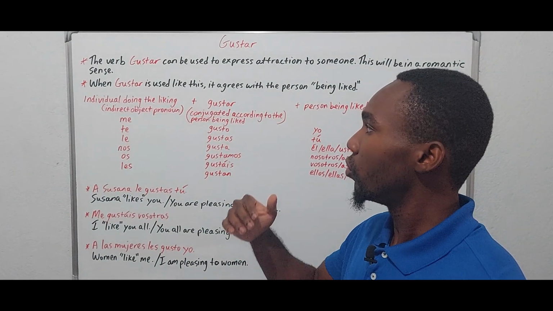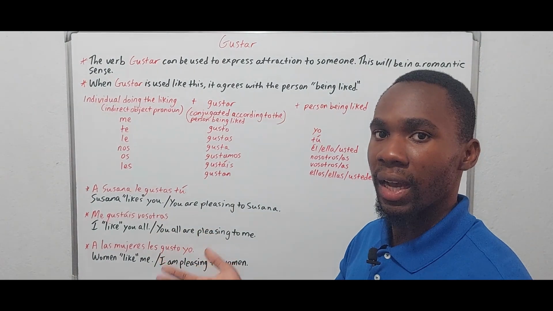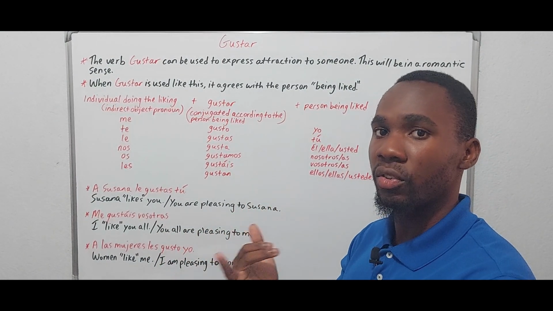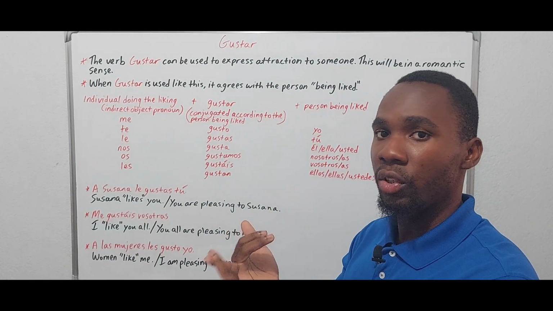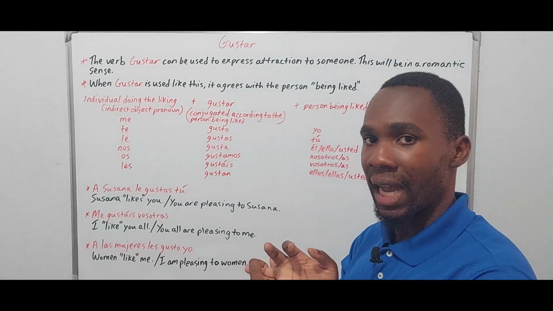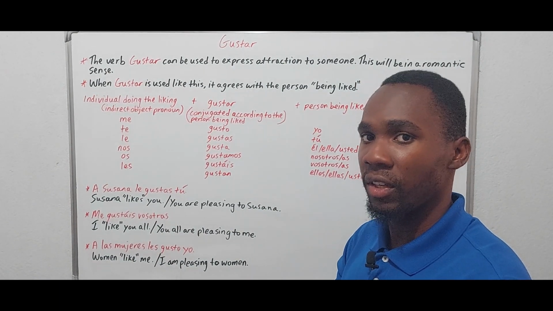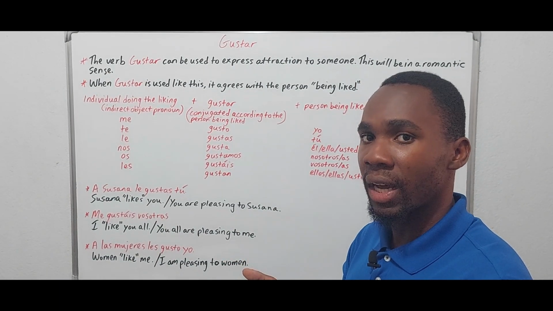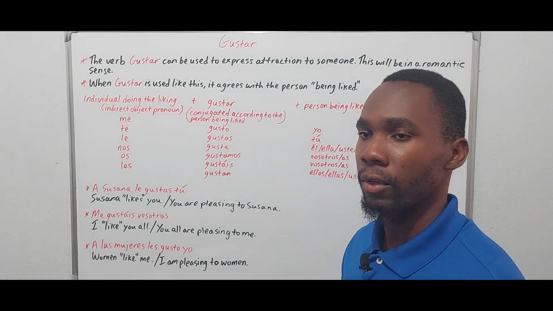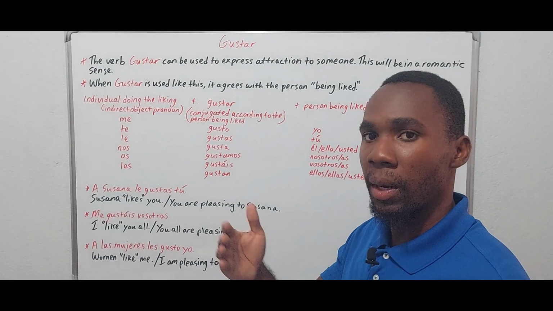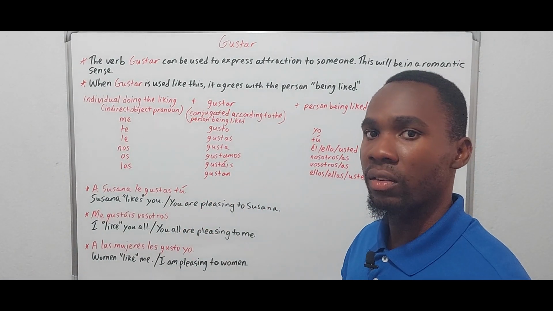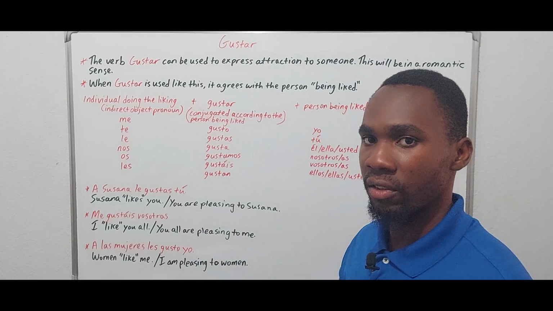Okay, so the structure: we use the indirect object pronoun to refer to the person doing the liking, and then we conjugate gustar according to the activity or the object. If it is singular, we use gusta, and if it is plural, we use gustan, right? And of course, we use the prepositional phrases either to add emphasis or to add clarity.